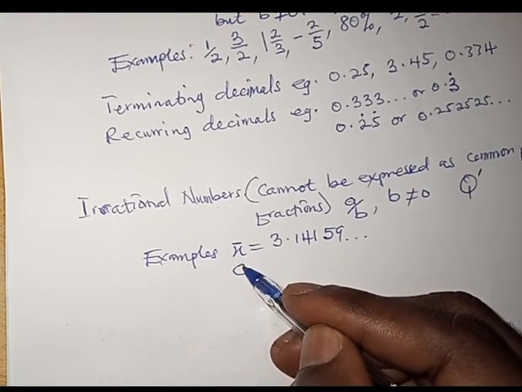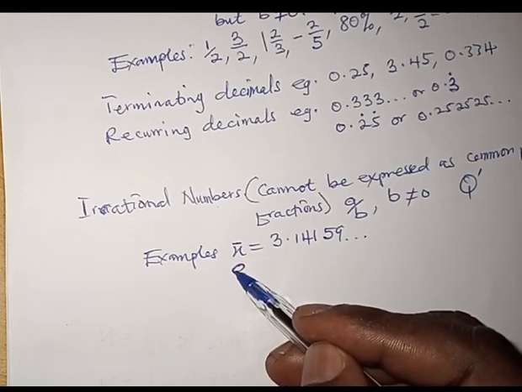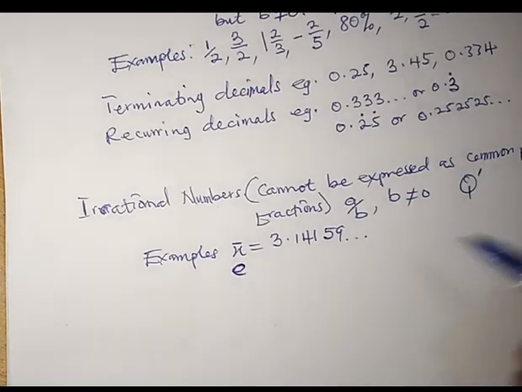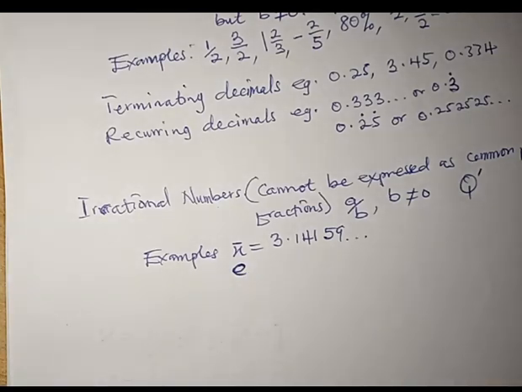Now let's look at this symbol as well. You may be seeing this small e here. What name is given to this e? This is what we call Euler's number. This number was developed by a Swiss mathematician and physicist called Leonhard Euler. Yes, that is the name.